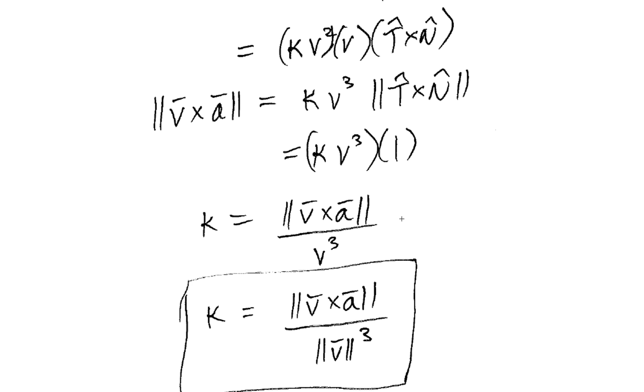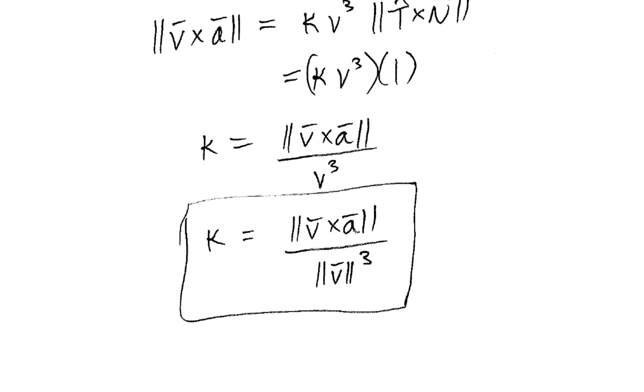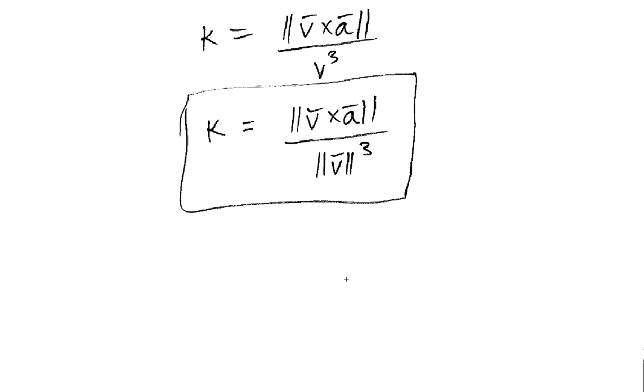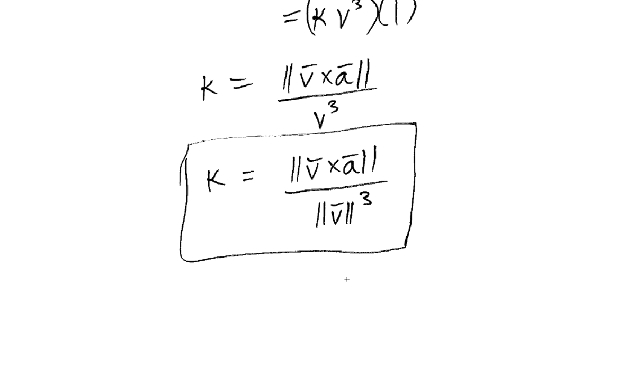That means kappa is the magnitude of v cross a divided by the speed cubed. Since v, with no bar, is the speed, the magnitude of the velocity vector, there's our formula. All right, I hope you understood that.